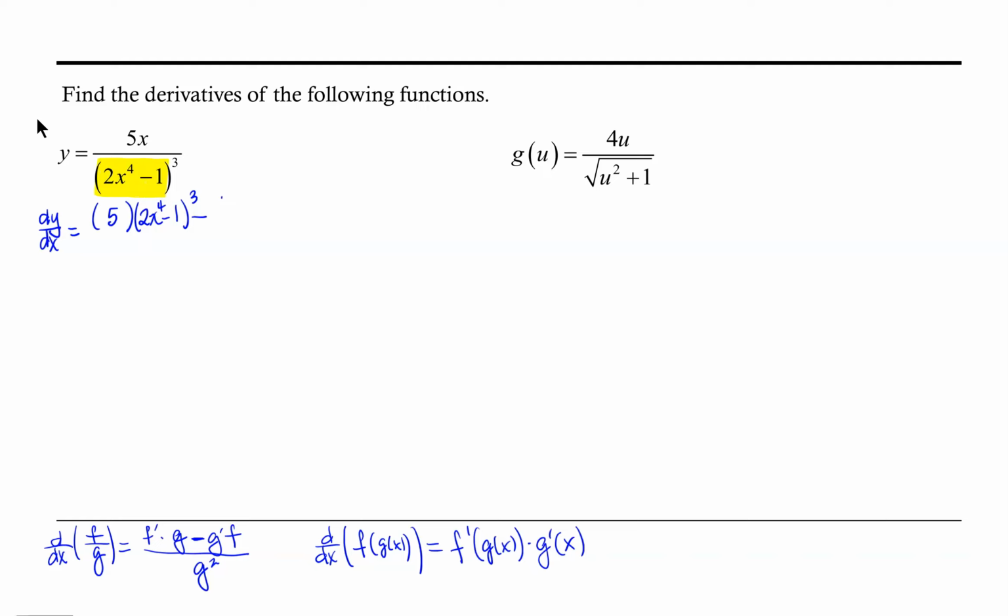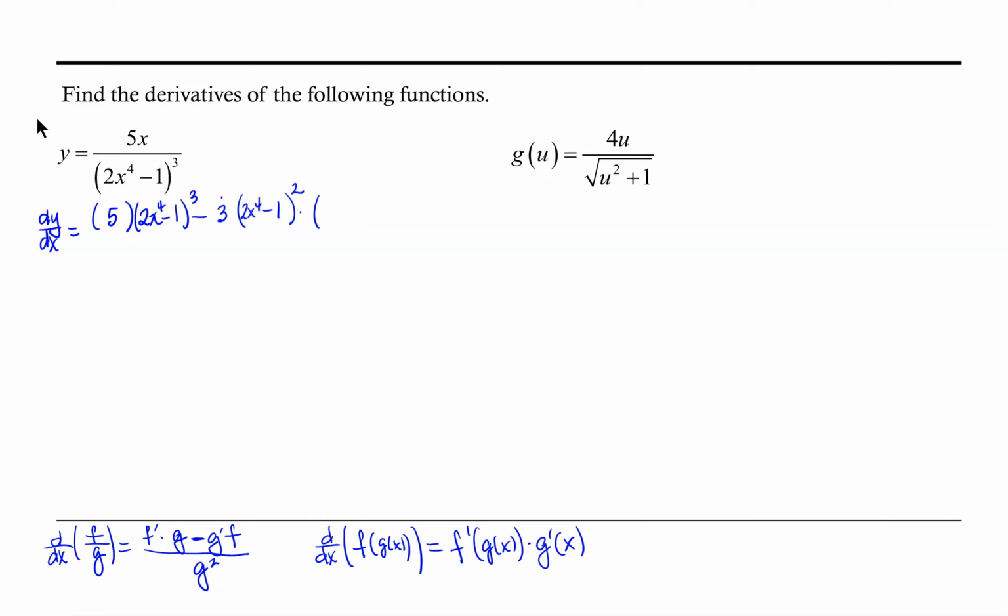So when we go to find the derivative here of this denominator, we will want to use the power rule to deal with the fact that we have a cubic function. So 3 times our argument squared, and our argument is 2x to the fourth minus 1, and then times the derivative of our argument.